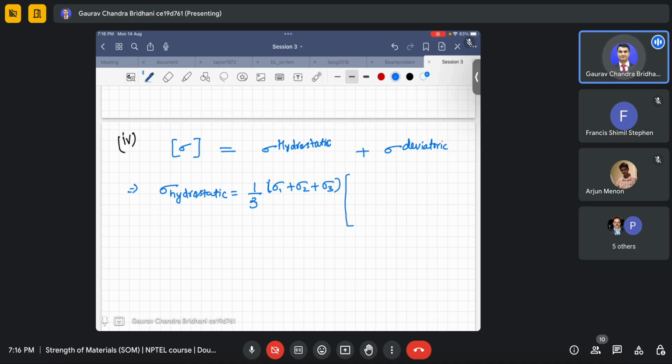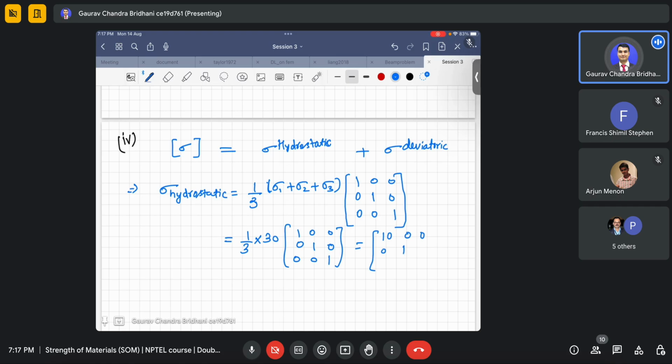Because it is a stress tensor, it will be in the form of a matrix, something like this: 1 0 0, 0 1 0 and 0 0 1. So basically this is the value, and this is the matrix associated. So this is a constant value and this is a matrix. If I put the values of sigma 1, sigma 2, sigma 3, it will be 1 by 3 into 30, if you remember, and it will be 1 0 0 0 1 0 0 0 1. So basically it will come out to be 10 0 0 0 10 0 0 0 10 MPa.